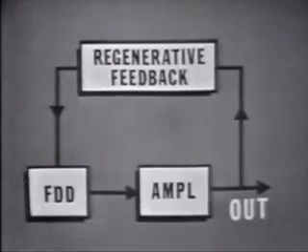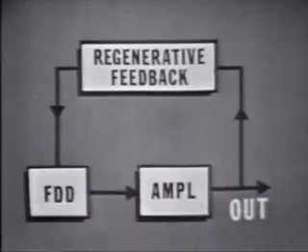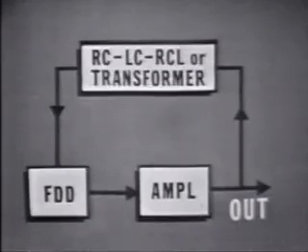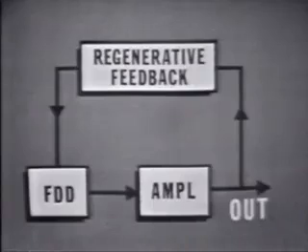Because many amplifiers shift the phase of the signal by 180 degrees, there may be phase shifting networks required in the feedback path. Various methods are used: RC, LC, RCL, or transformers between the output and the input. Which system is used will be determined by the type of oscillator circuit and its application. The important thing is that the energy fed back be in phase with the signal generated by the frequency determining device.